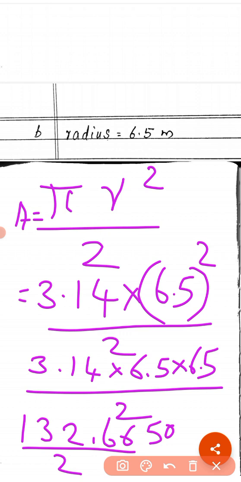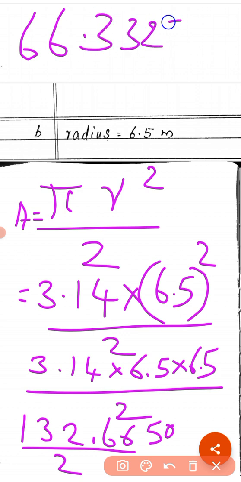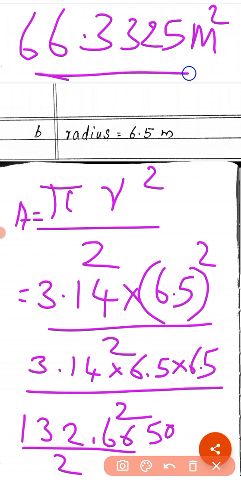So our answer is 66.3325 meters square. This is the area of this semicircle, since the radius is in meter. Children, do the calculations carefully.